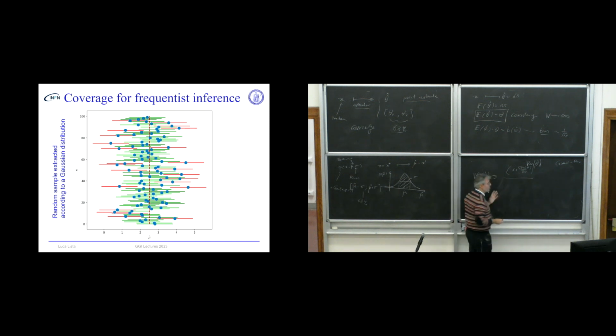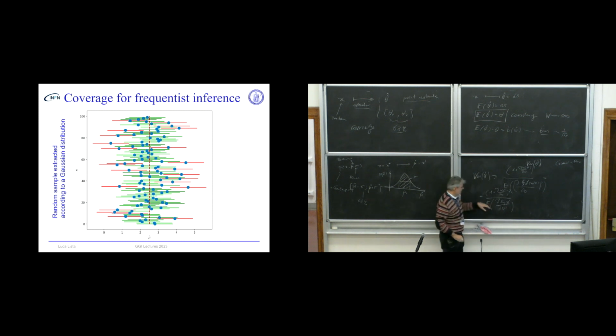The denominator is the Fisher information, which I introduced for Bayesian inference: minus the expected value of the second derivative of the logarithm of the likelihood function with respect to theta squared. This is the Fisher information matrix you found, remember, with the Jeffreys prior. It is possible to demonstrate that, if you change sign, it is equal to the expected value of the squared first derivative of the logarithm of the likelihood.